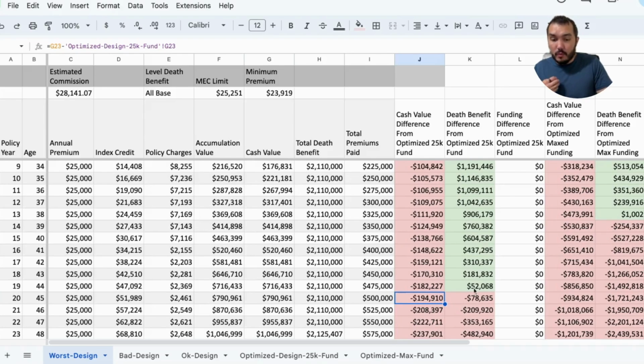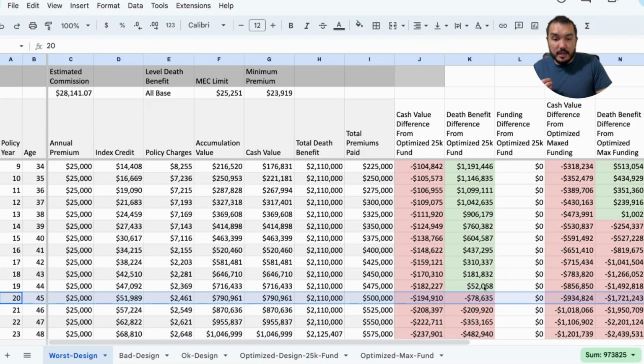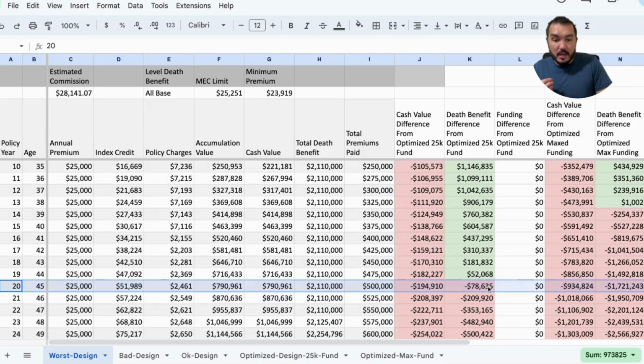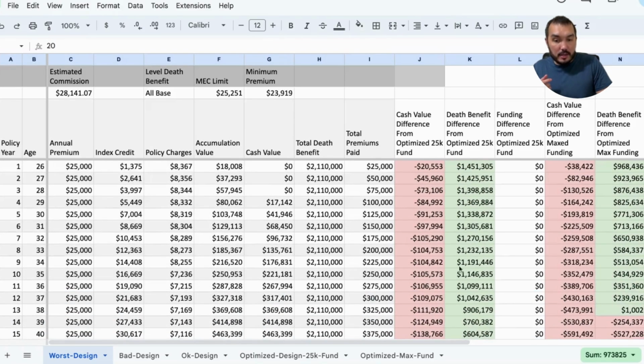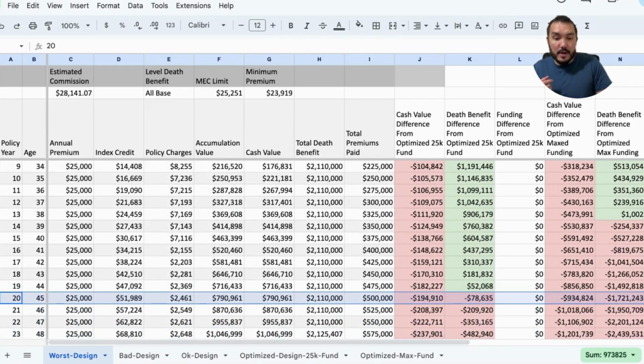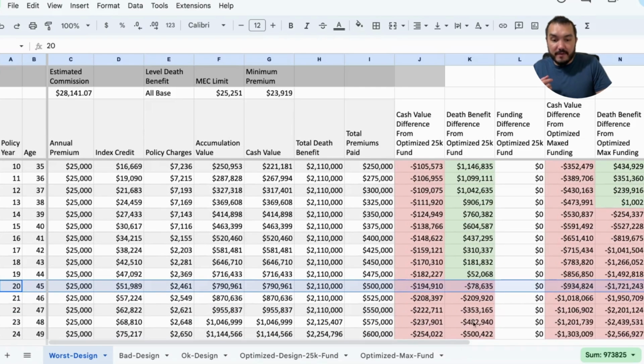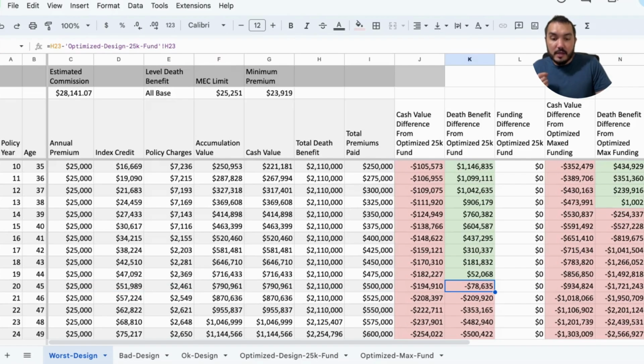And this is age 45. So what we're seeing here in this death benefit column as well, we can see that all along, this has the top death benefit when we're young, but when we get to age 45, 20 years into this policy, the optimized policy overtakes it, and we then have $78,000 less death benefit than this worst design policy.